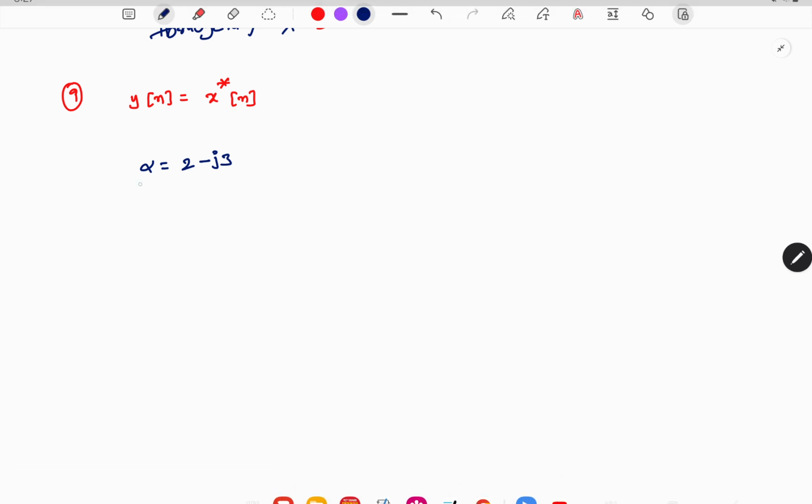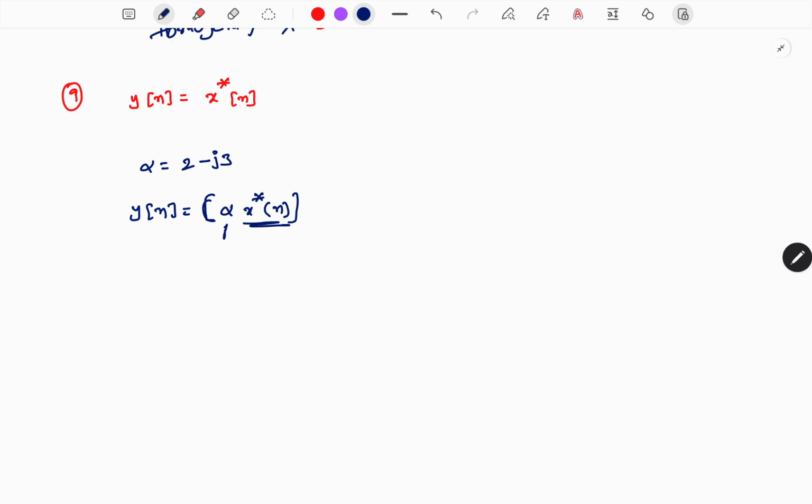Then we will check: y of n is equal to alpha into the conjugate of x of n, which means we are multiplying the input with the constant alpha.